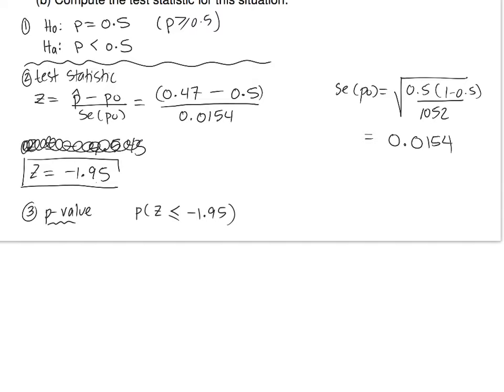How likely is it you're going to get a number like that or smaller? And for that, you look at the z-table, right? Can you go on the negative side for 1.95? 0.02. Like this? Yes, okay.